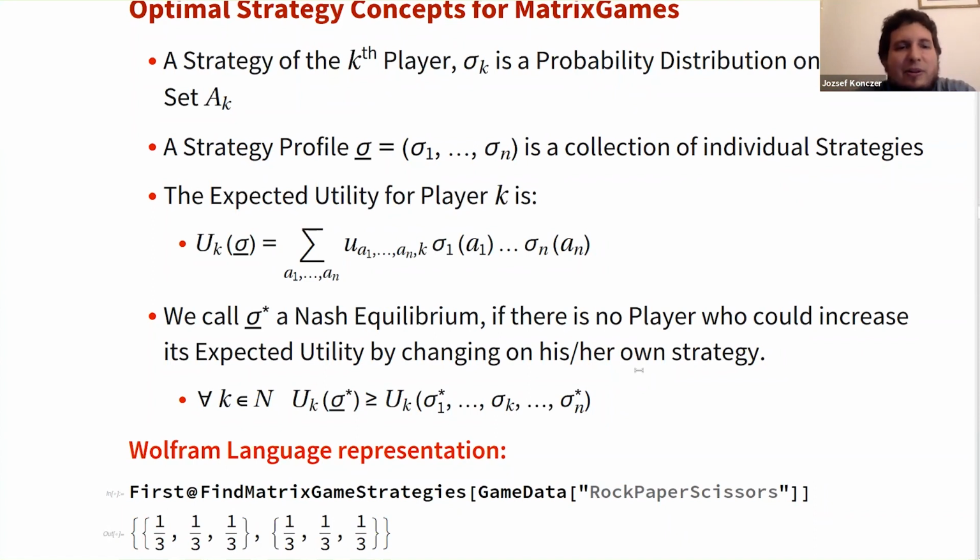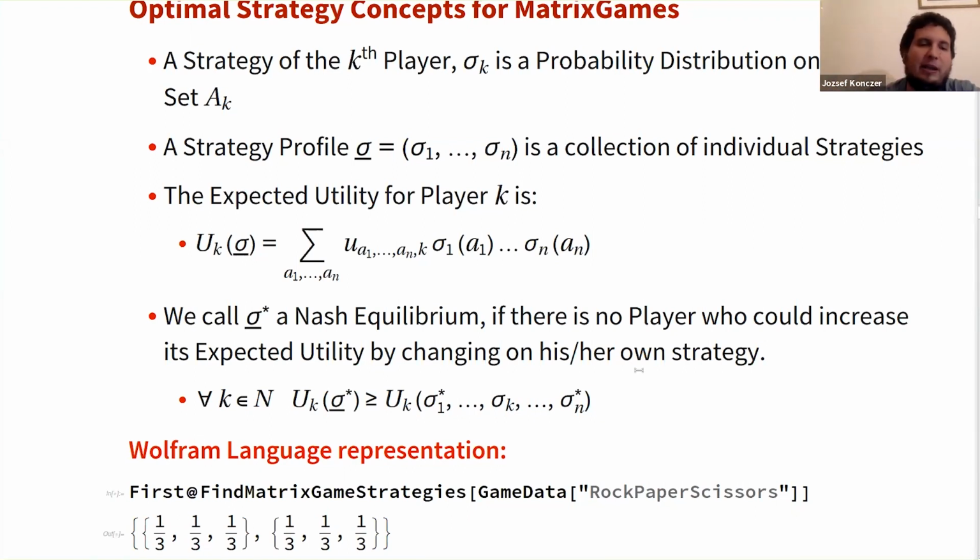Yes. So this is the company code. I have another notebook on my computer where these are defined, and here I only show you the results. So sorry for that. Okay, and I wanted to show how the strategy profiles are actually represented in the Wolfram language.